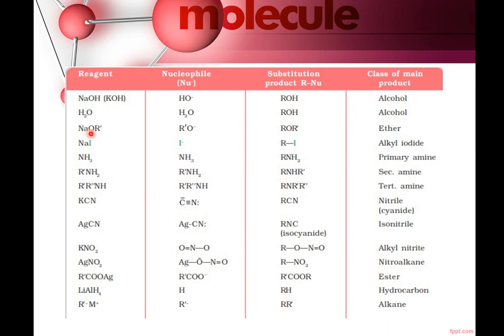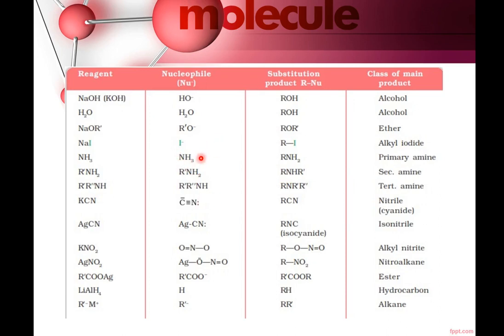From NaOR, OR dash is a nucleophile which replaces halide. Here NaI, I is a nucleophile. From NH3, NH2 is a nucleophile. So here NH2 comes. If it is RNH2, then RNH group is a nucleophile.